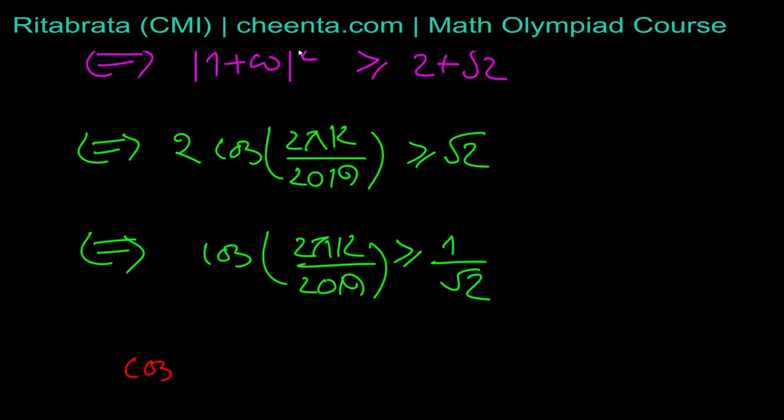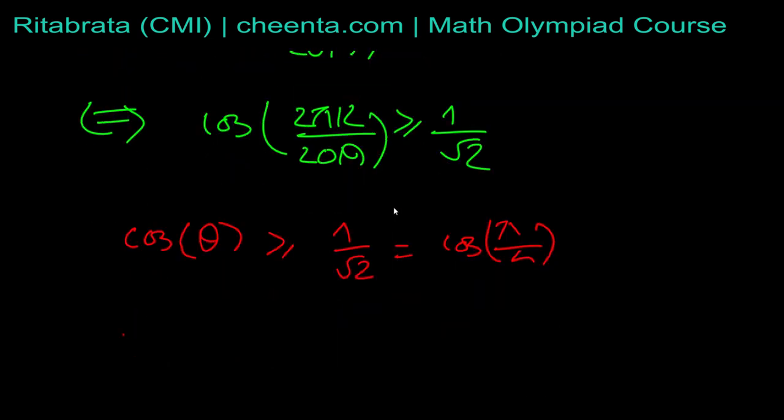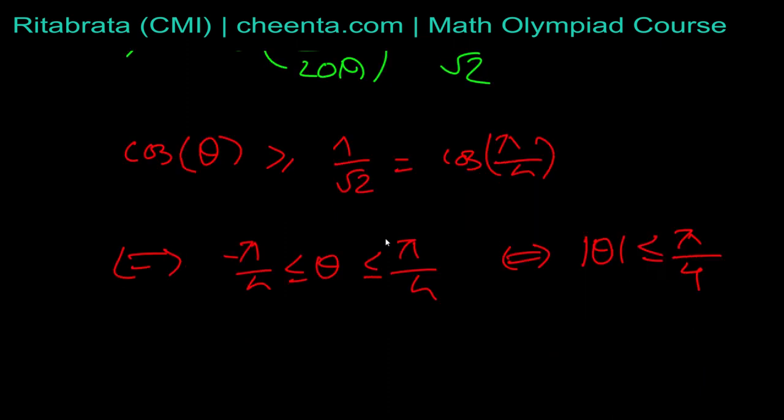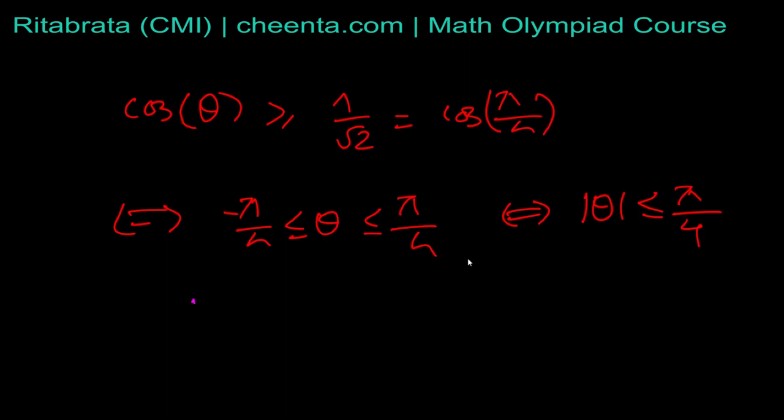From elementary trigonometry we all know that cos theta is greater than or equal to 1 by root 2, that is cos pi by 4, if and only if theta lies between minus pi by 4 and pi by 4, which is the same as mod theta less than or equal to pi by 4. So cos 2 pi k by 2019 is greater than or equal to 1 by root 2 if and only if mod of 2 pi k by 2019 is less than or equal to pi by 4.